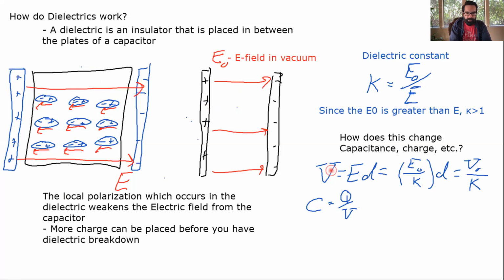Like we talked about with this V here. If I plug in what my voltage is, it's going to be Q over V0 over K, and that's just KC0. Q over V0, charge over your voltage, is your initial capacitance, the capacitance in vacuum.